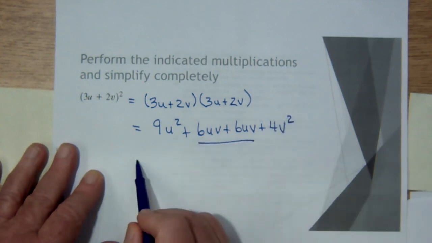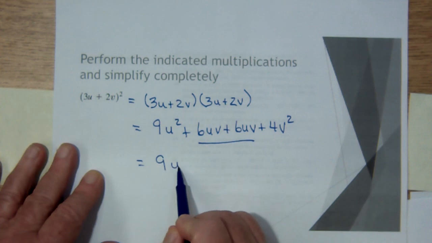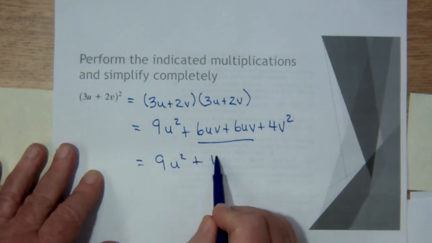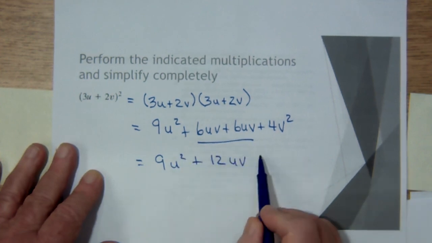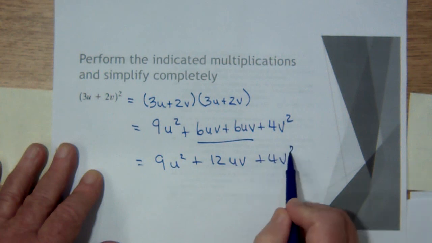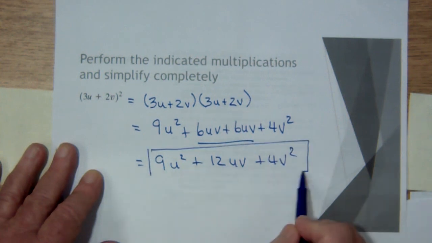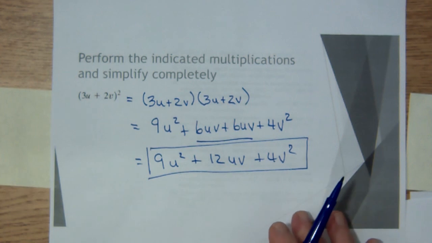Again, we have like terms in the middle, so this is 9u squared plus 12uv plus 4v squared. And that would be the final answer, because that's the end of the like terms.